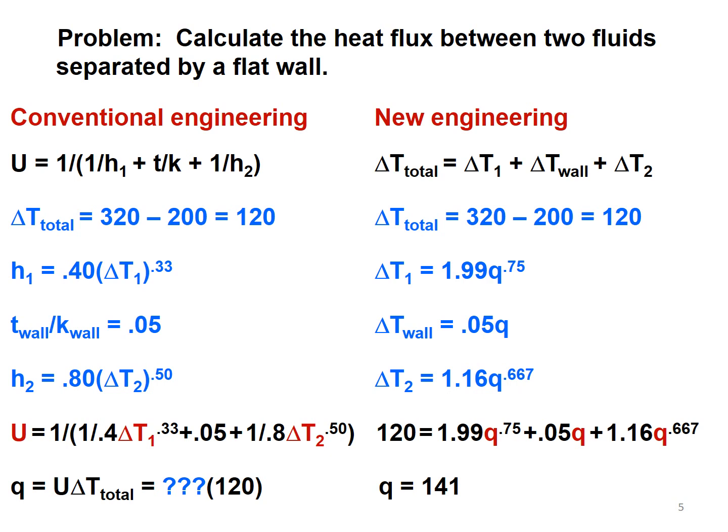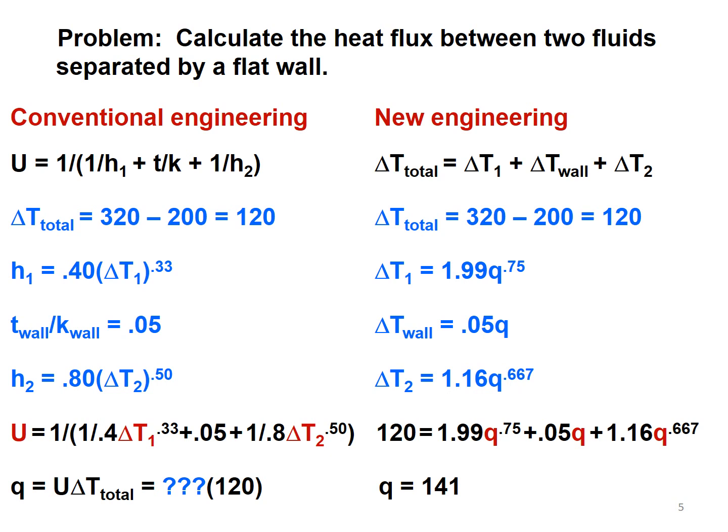Note that the equation that must be solved in conventional engineering contains three unknowns: U, delta T1, and delta T2. Since we have three unknowns and only one equation, it is necessary to find two more equations that apply to this problem.